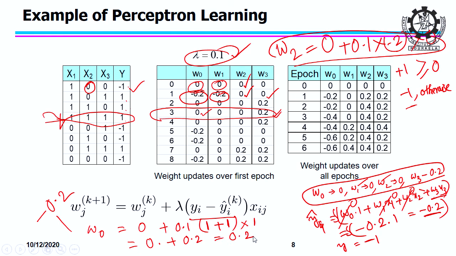But we are not getting that. In the fourth sample it should be 0. So, where is it wrong? The previous value was 0, that is okay. We got the value 0 here, plus lambda is 0.1, and then this value is 1, and what happened to this value? It is minus, minus 1.